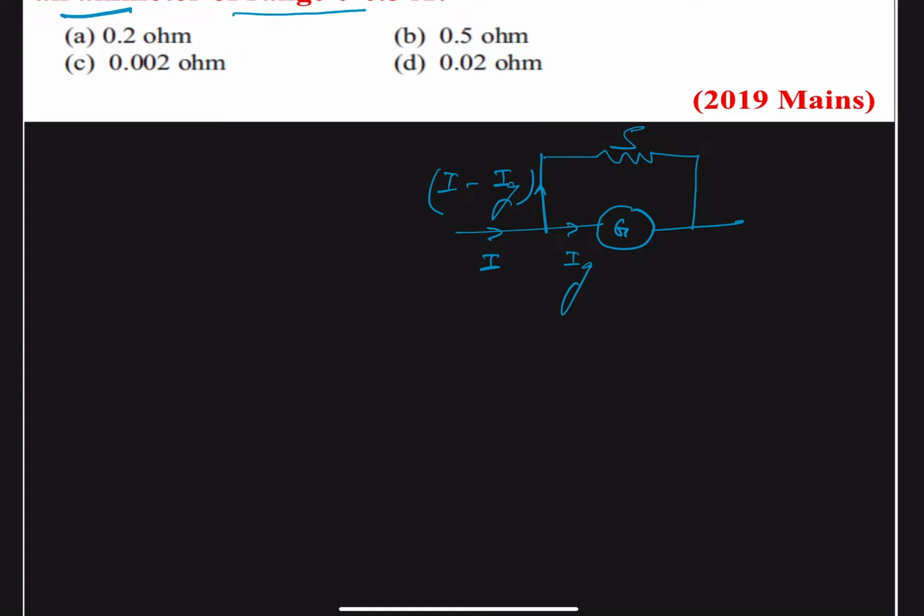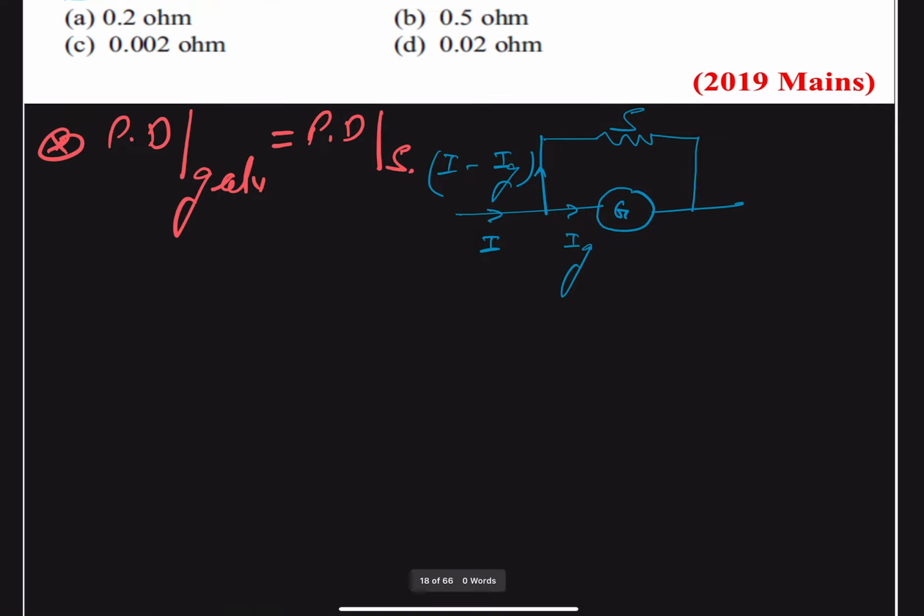And so here the shunt resistance and galvanometer both are in parallel, so we can say the potential difference across the galvanometer will be the same as that across the shunt resistance. So you can say that potential difference across the galvanometer should be equal to potential difference across the shunt resistance. Okay.